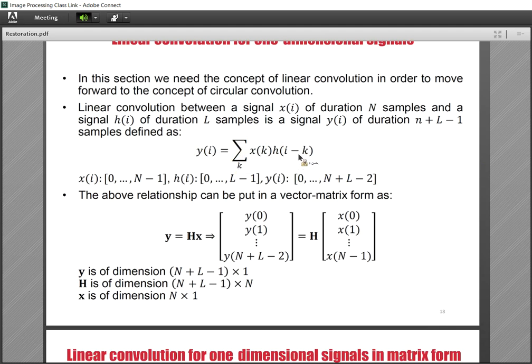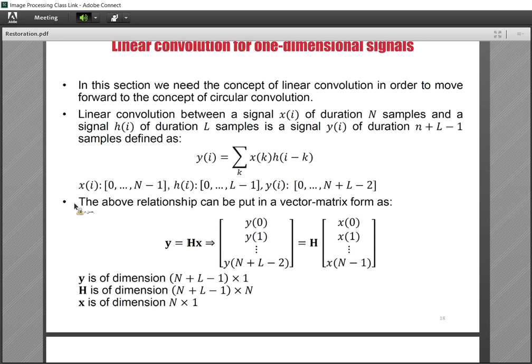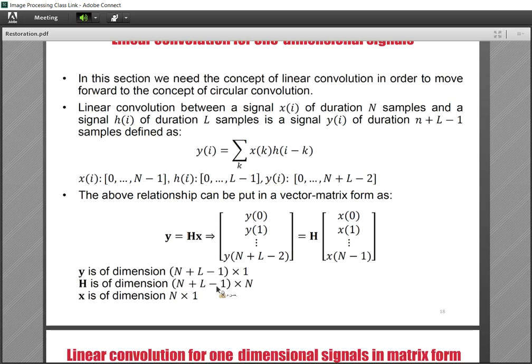y(i) is the sum over k of x(k) h(i minus k). This is the formula for convolution. We have an input and the impulse response of a system, and with linear convolution we get the output. x has n items, h has L items, and y has n plus L minus 1 items.